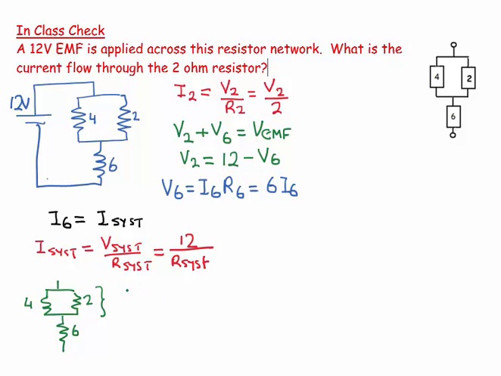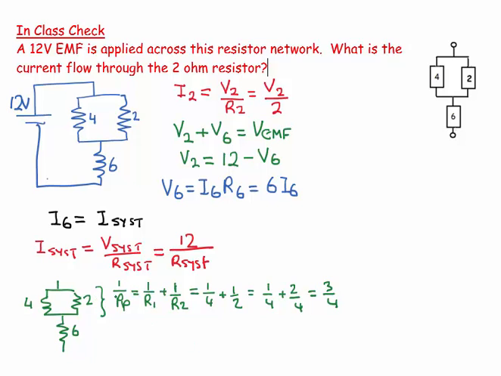So I'm going to remember that 1 over R parallel is equal to 1 over R1 plus 1 over R2, which equals 1 over 4 plus 1 over 2, which equals 1 over 4 plus 2 over 4, which equals 3 over 4.